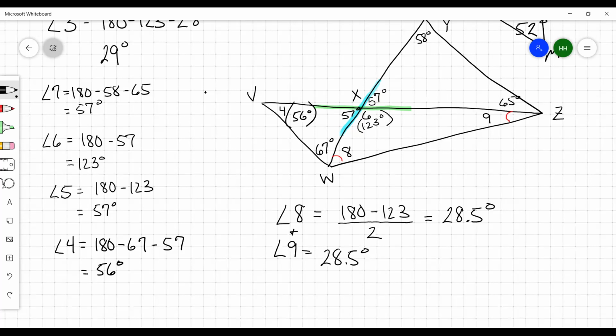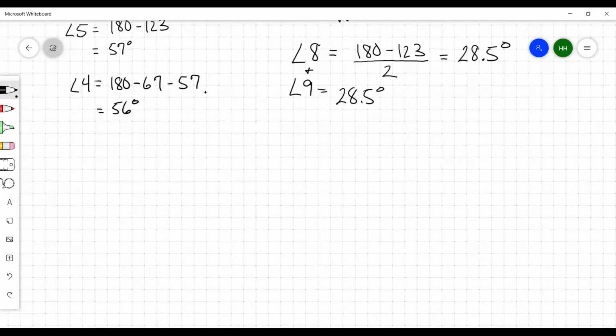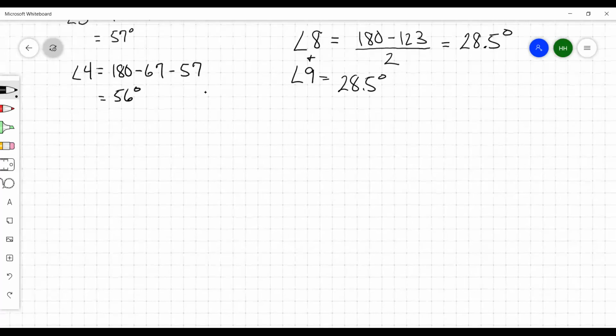So now let's talk about exterior angle theorem.